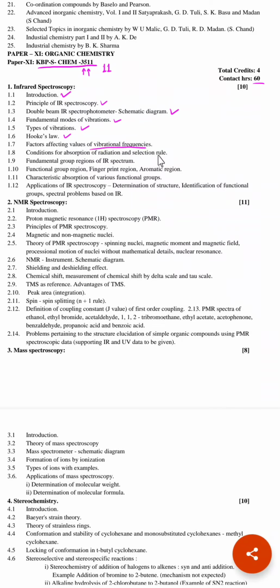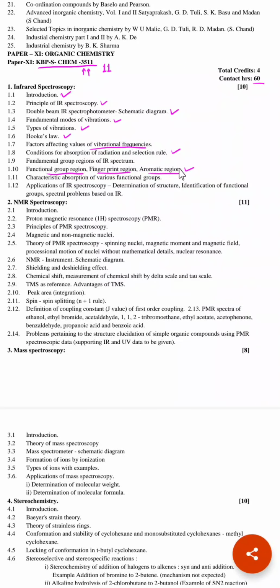Then we will see conditions for absorption of radiation and selection rule, and fundamental group regions of IR spectrum, in that functional group region, fingerprint region, and aromatic region. These 3 regions we will see in detail.